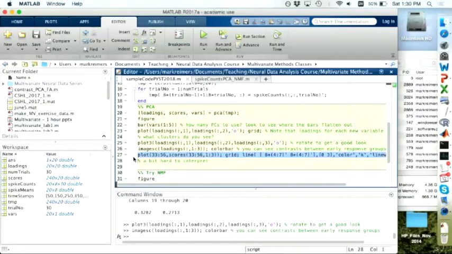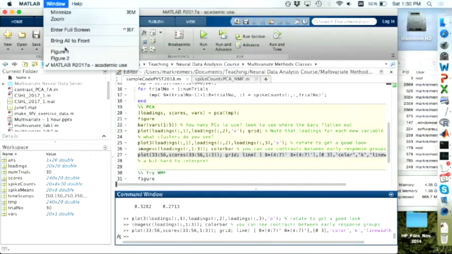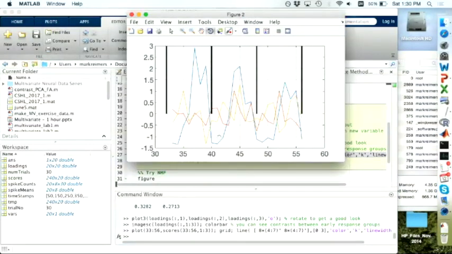But let's just take a look at some plots here of the scores. So you can see that principal component 1, which is in blue here, and the black bars tell you when the trials begin and end.